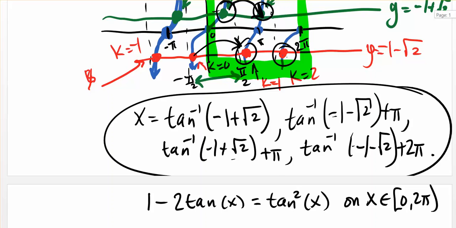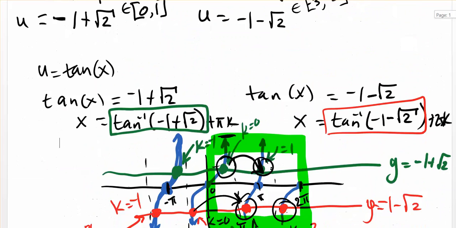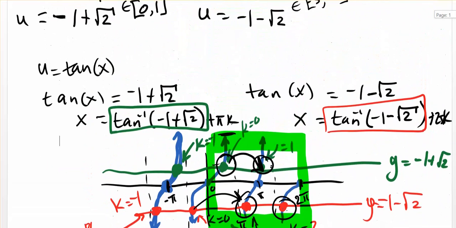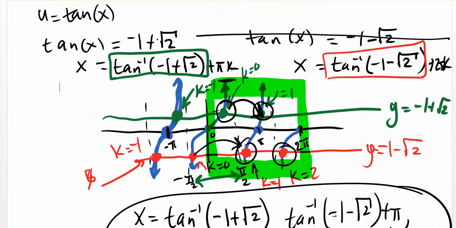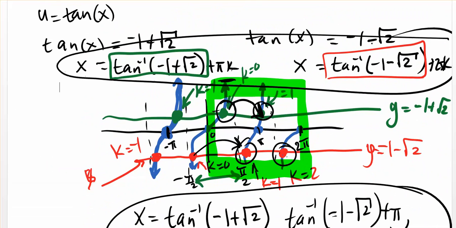There's an infinite number of solutions, and these would be them right here if our domain was the entire reals. And over here I said plus 2 pi k, and what I meant was plus pi k. All right, that will be the end of this problem. Thanks for watching.